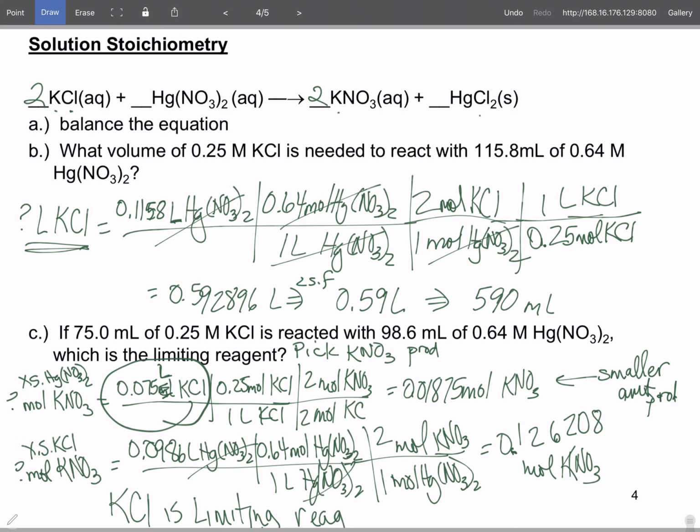So notice that if you're just asked which one is the limiting reagent, you don't have to do anything more than go through the equation. So that's why I like molarity, because I didn't have to calculate a single molecular weight on this problem. Okay, I did on the previous. You can. But we're done.